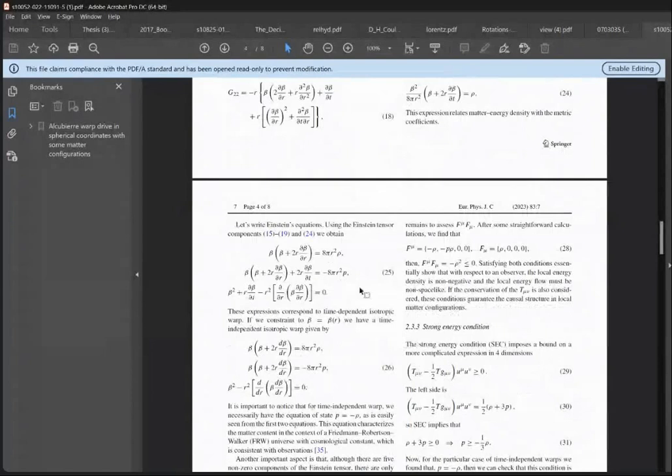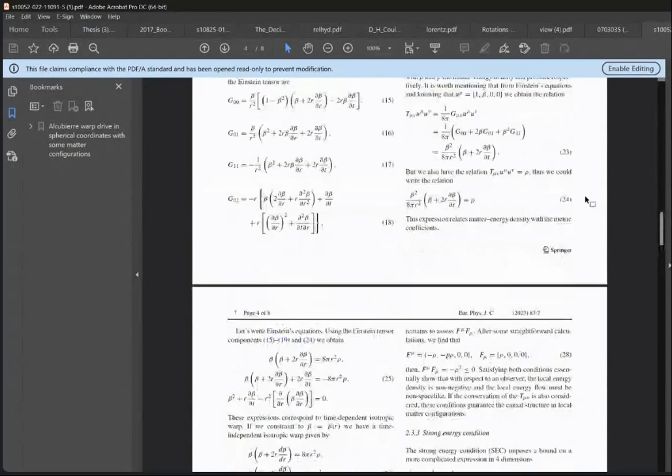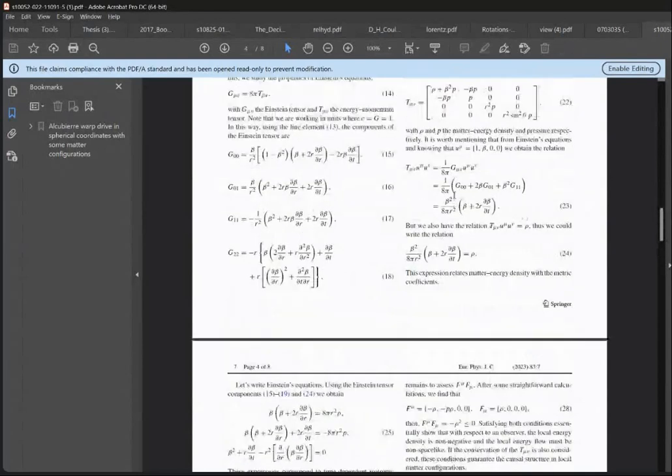And that's very amazing. If you do the same for Alcubierre's or other symmetry, you get more than three equations. So this is a very nice simplified system of equations that you have to solve. And one thing that is remarkable here is that this equation, which is equation 24, comes from the fact that you are multiplying by the velocities.